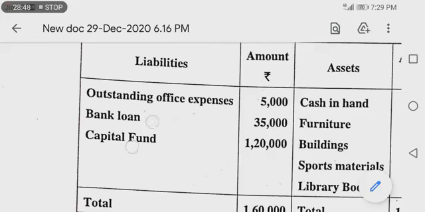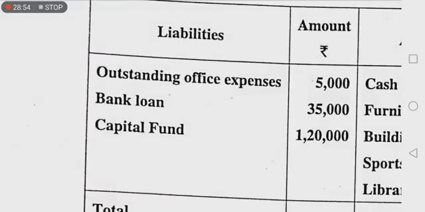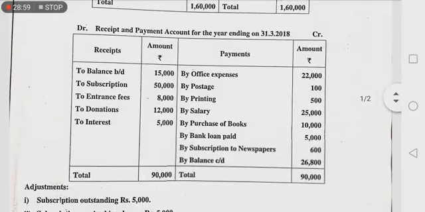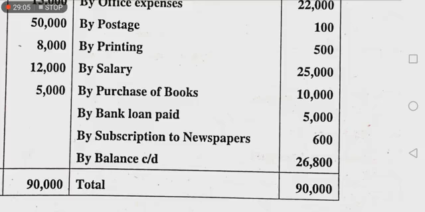Now the next transaction given in the liability side is the bank loan, total amount rupees 35,000. But in the payment side, one transaction we already left, that is about the bank loan. While preparing the receipts and payment account, we have not recorded this bank loan.